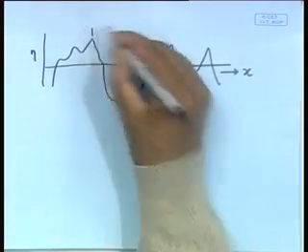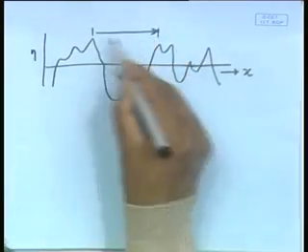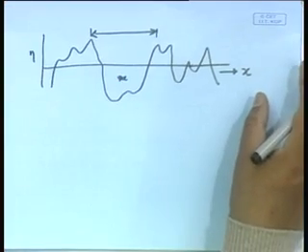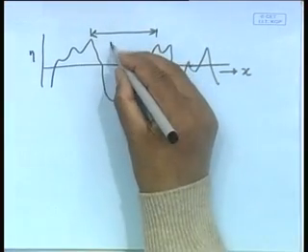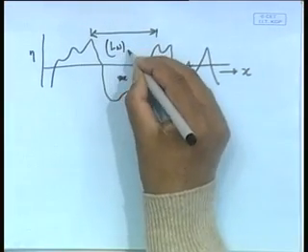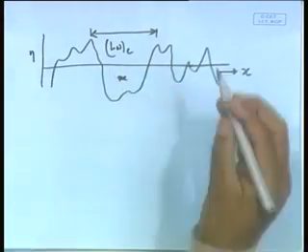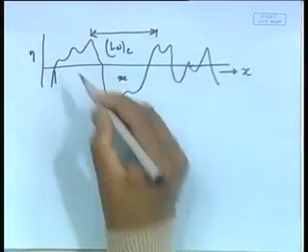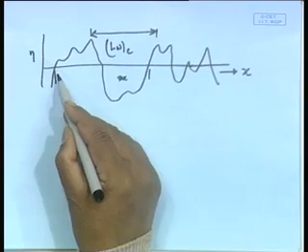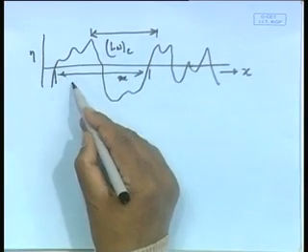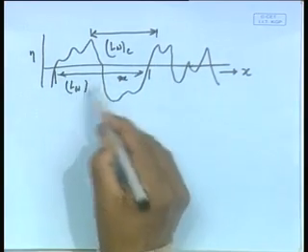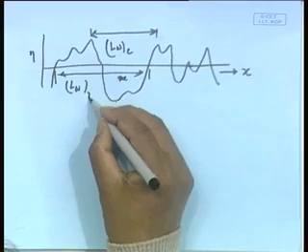So, in a similar way, from here to here I will have what is called the crest to crest length, LW. Similarly, I will have from here to here the 0 upcrossing length. I will call this Lz.